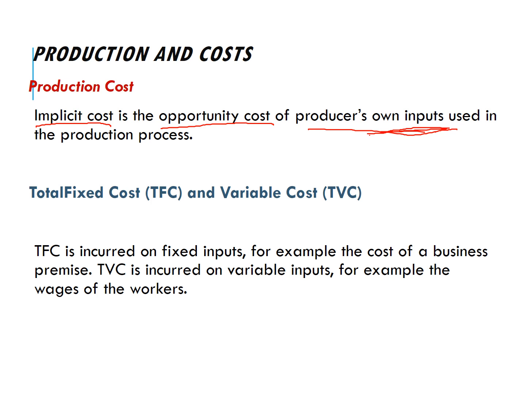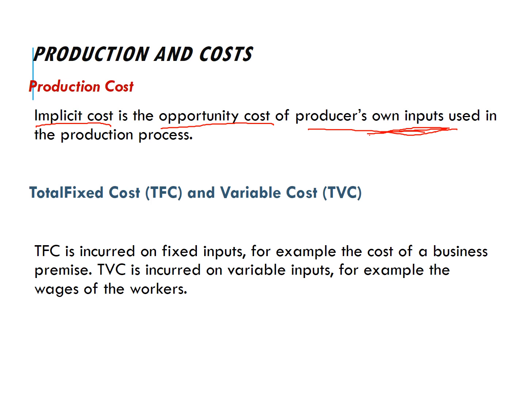Then you quit the job because you want to do your own business. Your opportunity cost is your foregone salary of 1,000 per month. So in economics, the opportunity cost is supposed to be included in your cost of production. In the next slide, I show you an example of implicit and explicit cost.